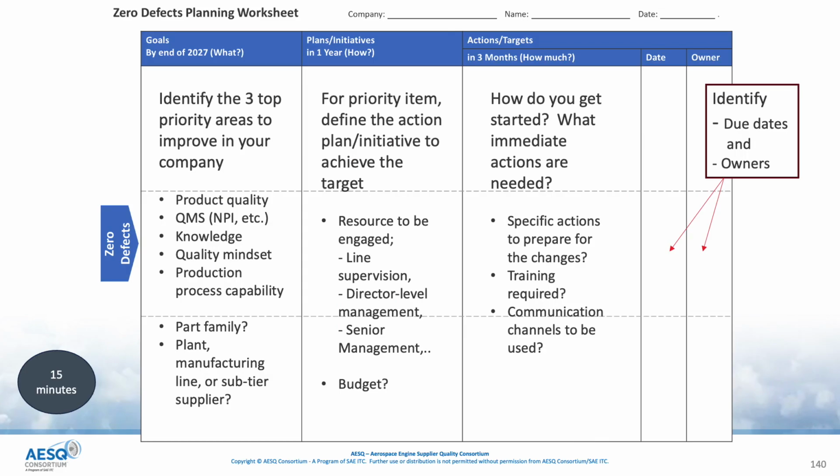And then, lastly, at the right-hand side column, please try to identify the immediate actions that you need to take with a due date and owners for each of your company. So that's what we would like you to exercise at this time. And please bring this back to your company and discuss further in detail to have more detailed action for each framework.